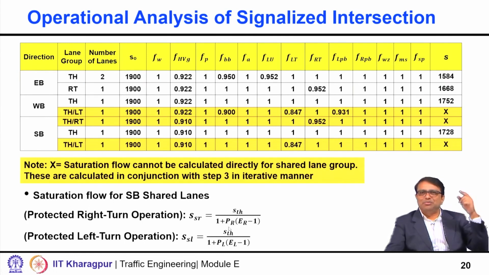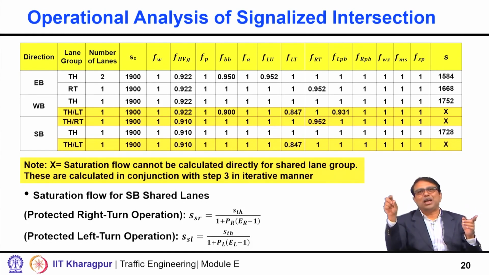Every time you do the calculation in step 3, you know the corresponding PR or PL, you come back here, put that PR or PL value, then you get a saturation flow rate for the shared lane, protected right turn operation, protected left turn operation, and then you go back to step 3 and calculate the link flow.